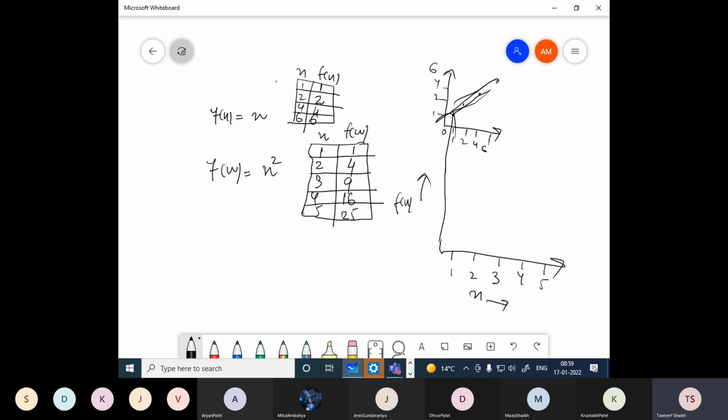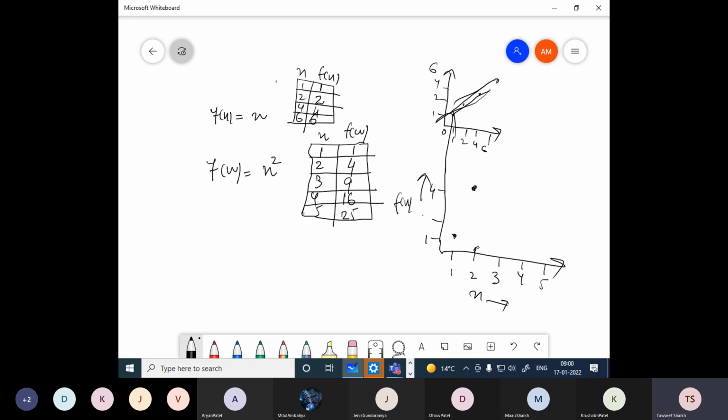Whenever n is equal to 1, the value of f(n) is equal to 1. But when n is equal to 2, the value of f(n) won't be 2. It will be 4 here. So we go from n equal to 2, and f(n) will be 4.